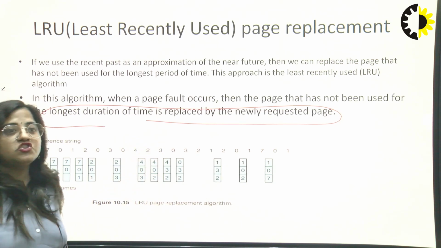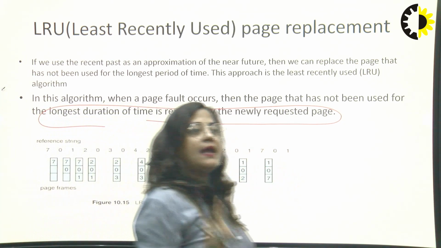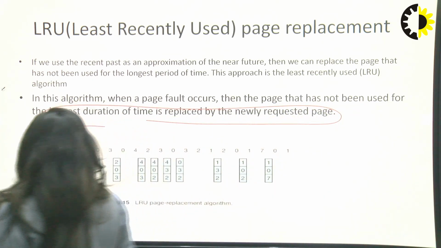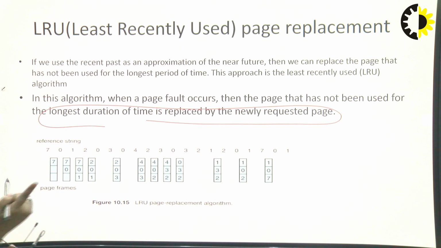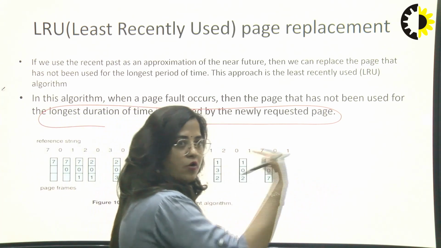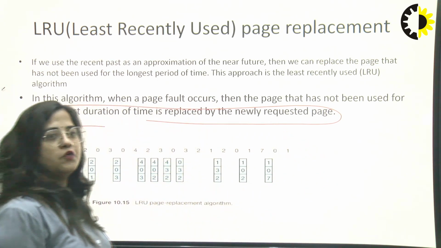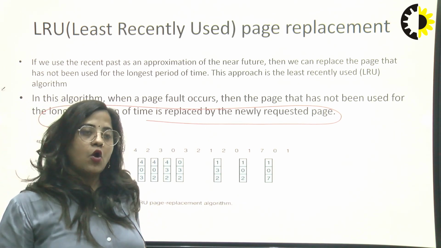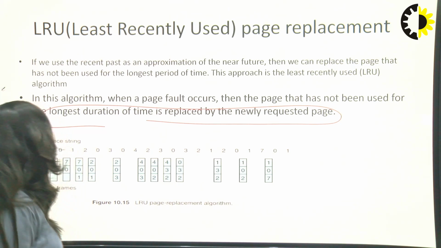In optimal we check the future, but in LRU we check the past. It is the same as optimal, but in LRU we check the recently used past strings.